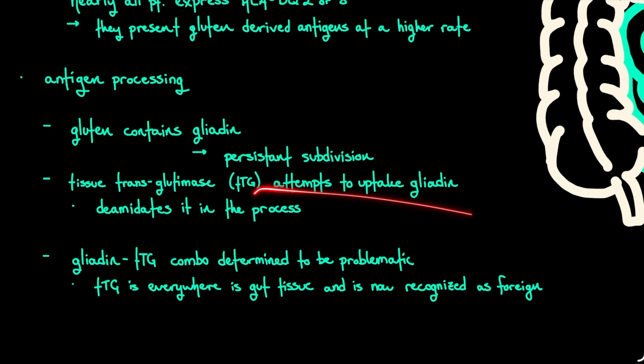So it attempts to uptake this gliadin, and when it does that, it does something called it deamidates it. Again, take biochemistry, or organic chemistry rather, if you want to know what that means. All I'm concerned with is it removes a nitrogen group, and that makes this negative. Okay, so now we have this negative component here. Again, not super concerned with this.